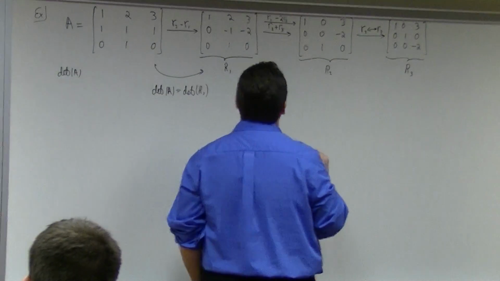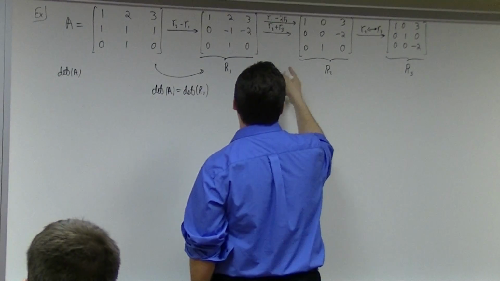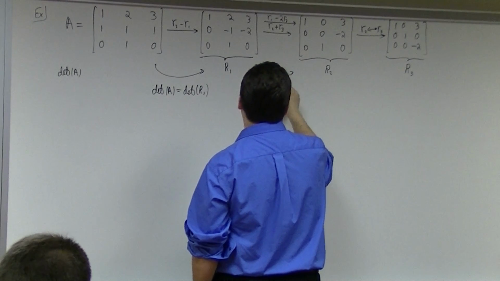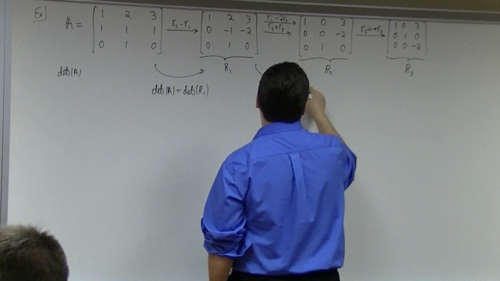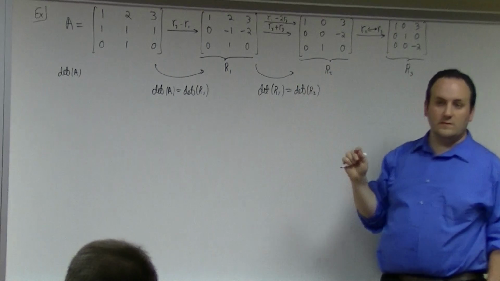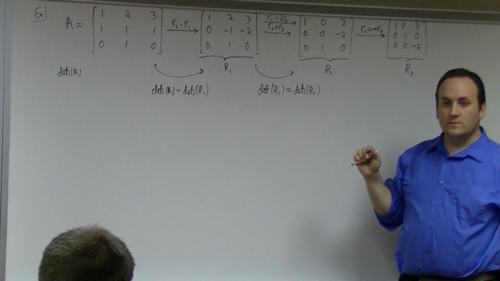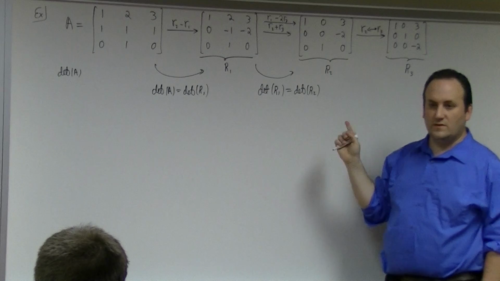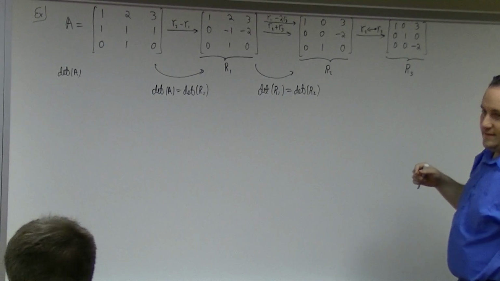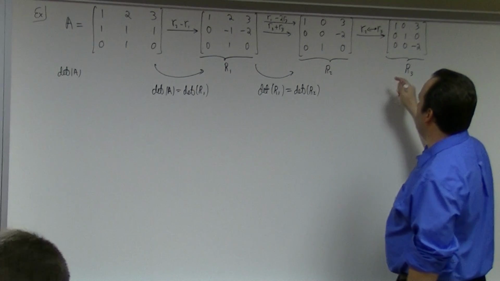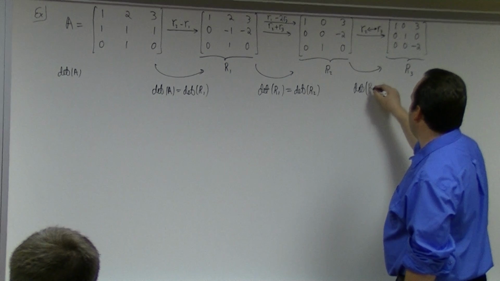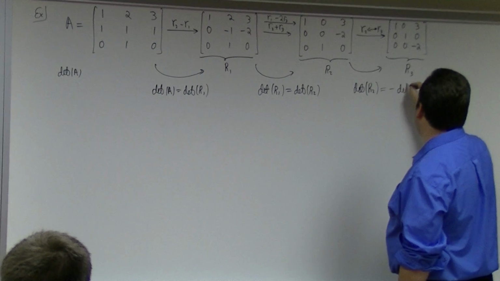Again, the determinant of R1 is equal to the determinant of R2, because I did row additions. And in this one, a row swap gives you minus the determinant of R3.